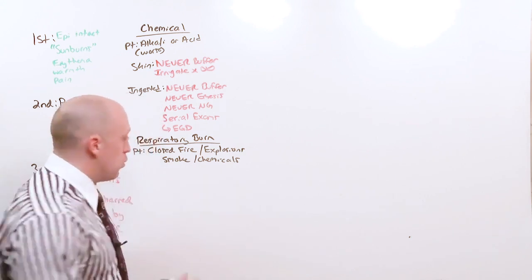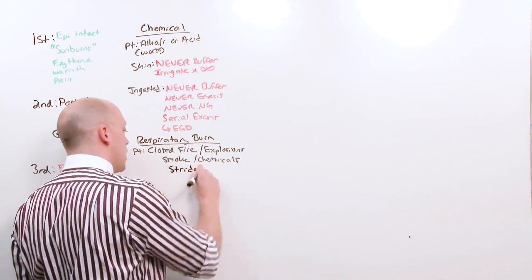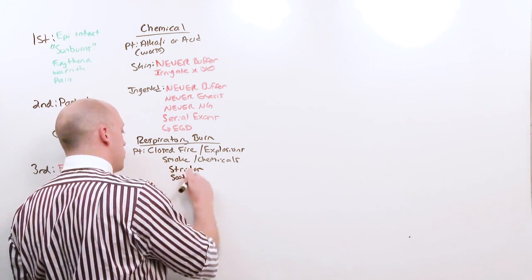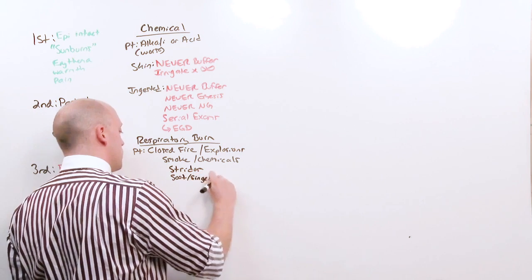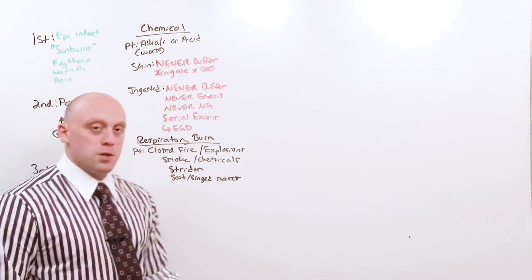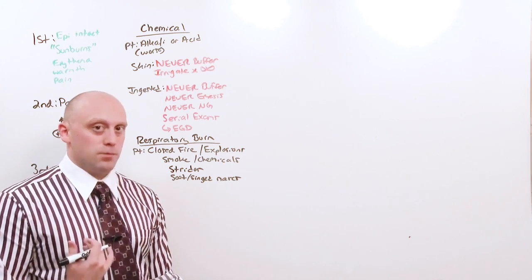So people you should be worried about have stridor, indicative of upper airway compromise, or those who've got soot at the nares or who have singed nares. Chances are, if they've got hot enough to burn the hairs of their nose, some of it probably got into the back of their throat.